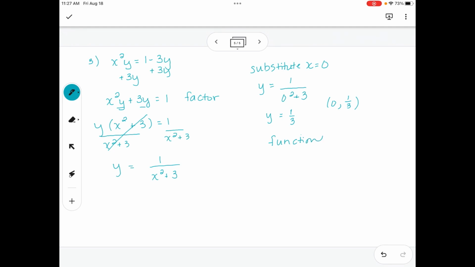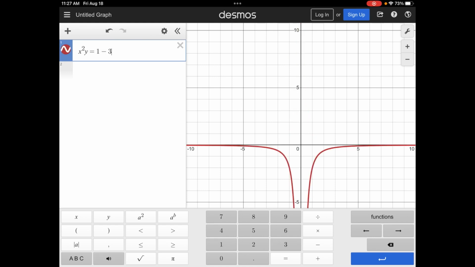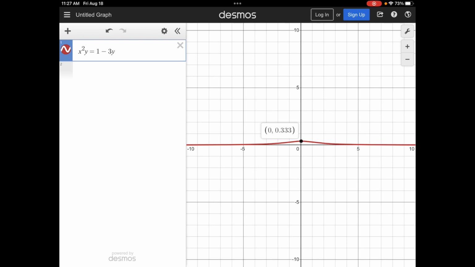And let's see what it looks like in graph form. So I have x squared y equal to 1 minus 3y. It's kind of fun to see the graphs change as we put new values in. Here's that (0, 1/3) that we found.